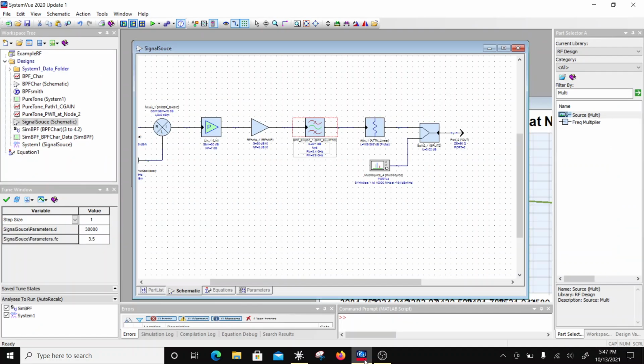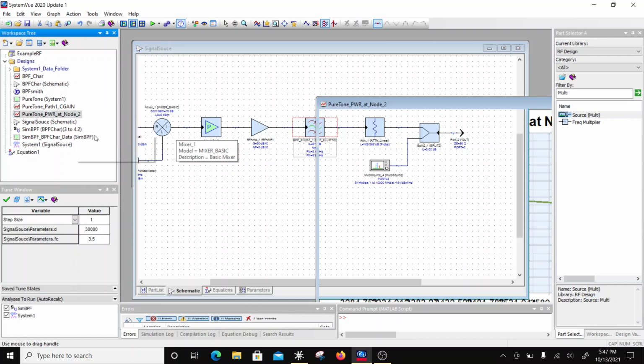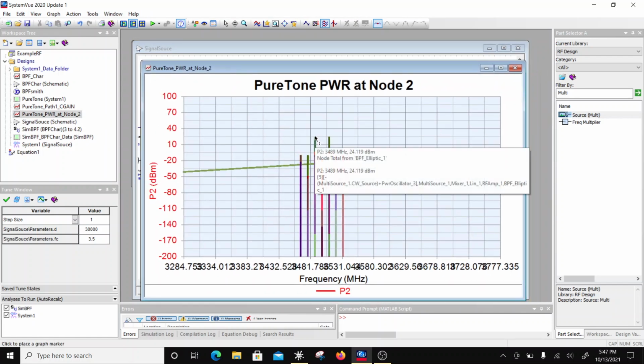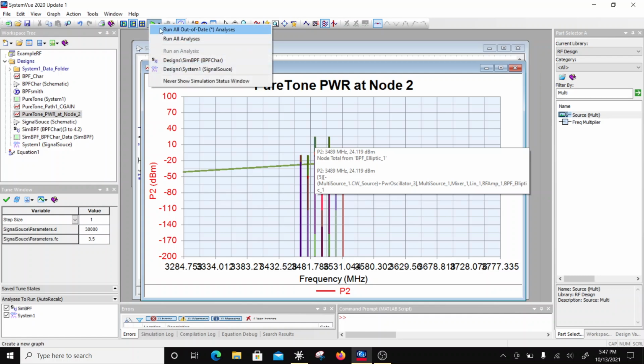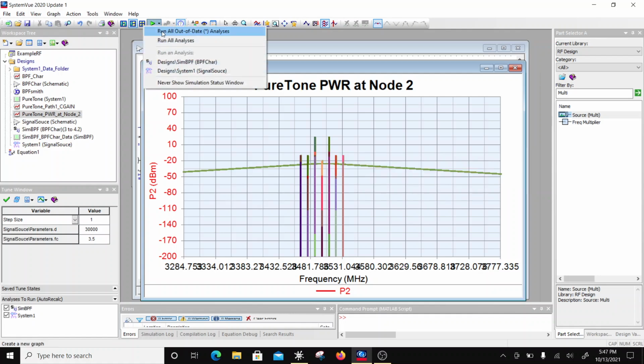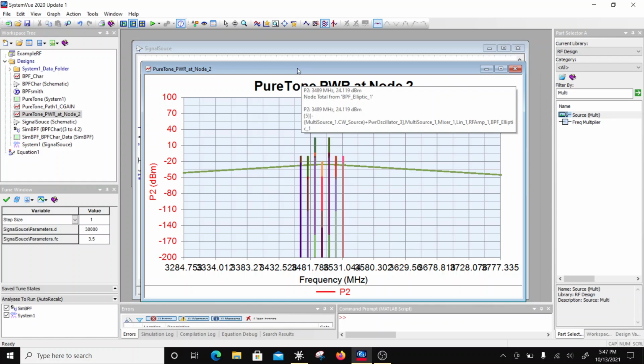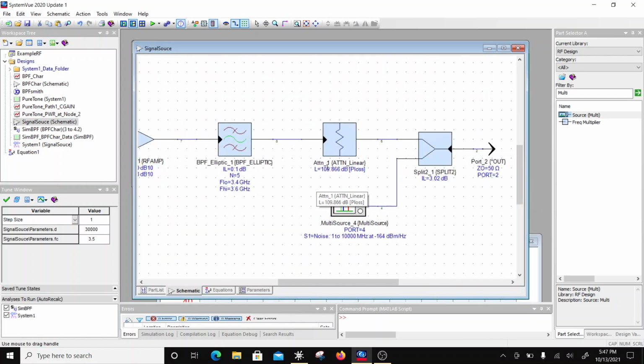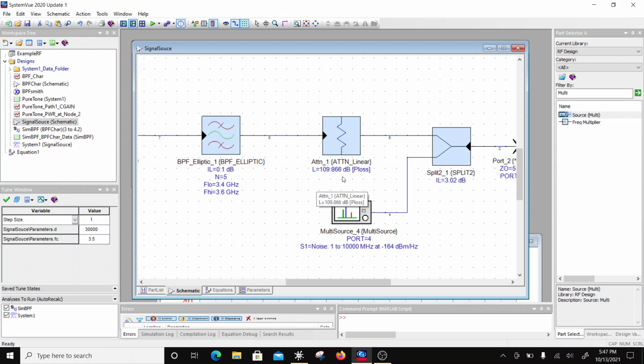Okay, so going back, I have done this, and if I look at the output, let me just run this again. The loss is 109, right?